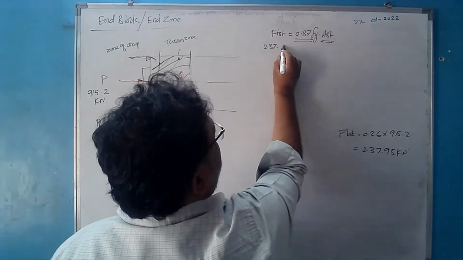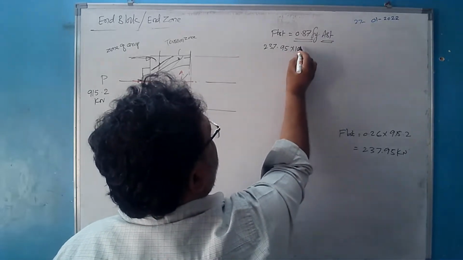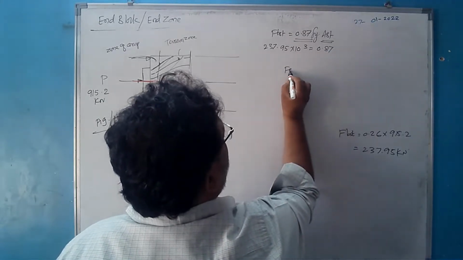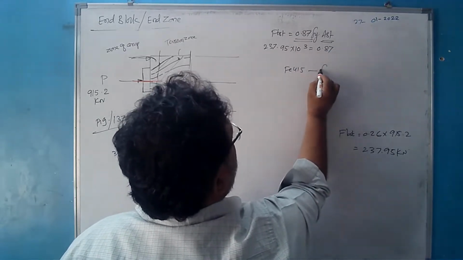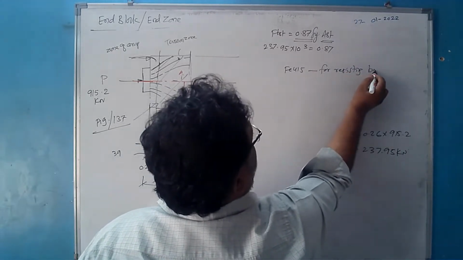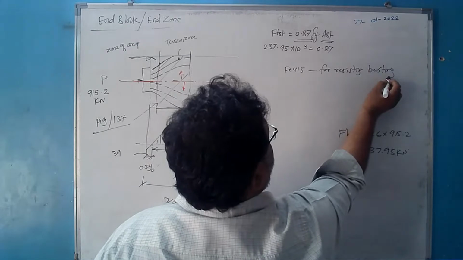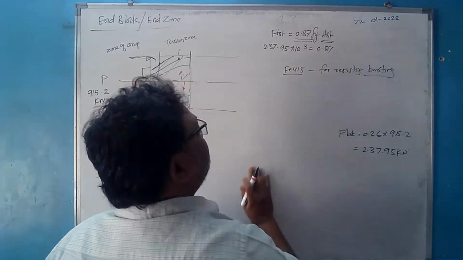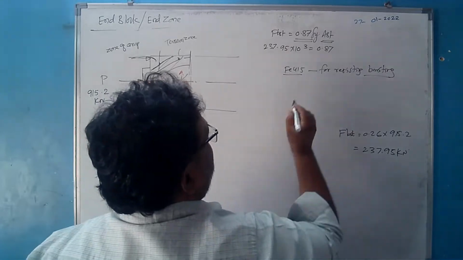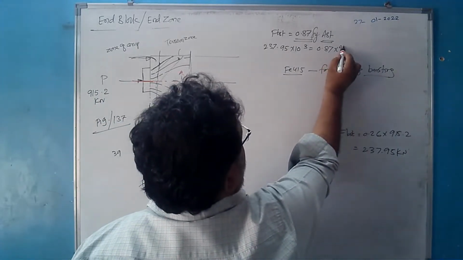So this is nothing but 95 into 10 raised to power 3 is equal to 0.87. Say I am using Fe415 for resisting bursting. ये जो बस्टिंग होने का चांसेस रहेगा उसको रेजिस्ट करने के लिए सपोज वी आर यूजिंग Fe415 ग्रेड ऑफ स्टील. सो दिस इज इक्वल टू 415.